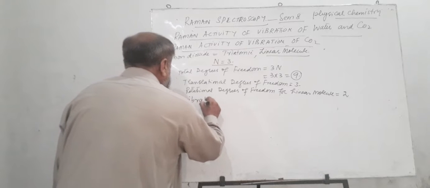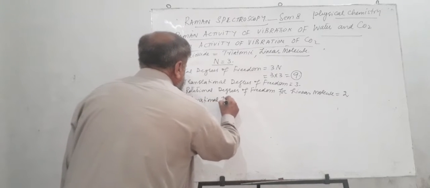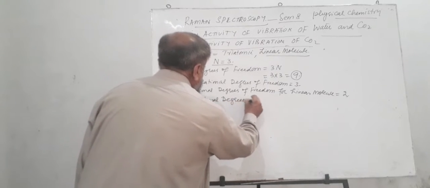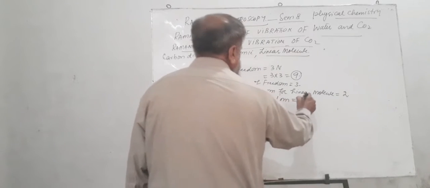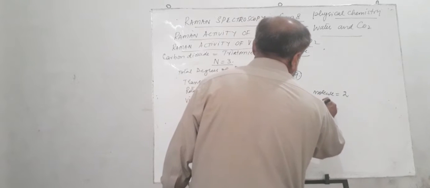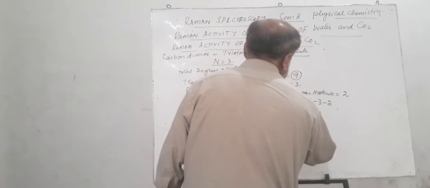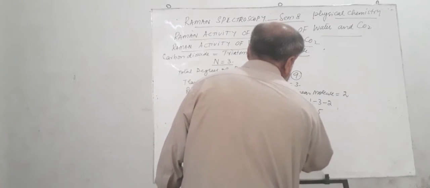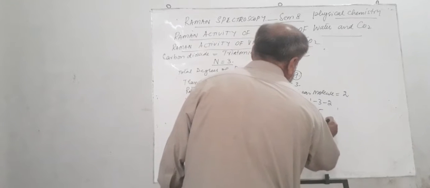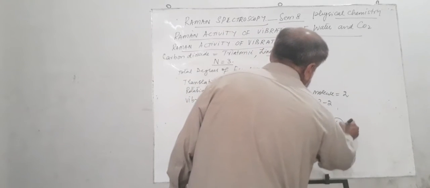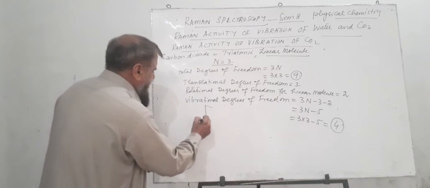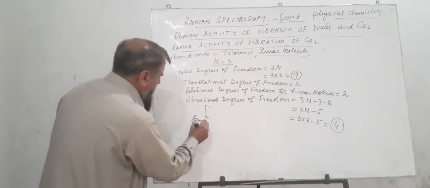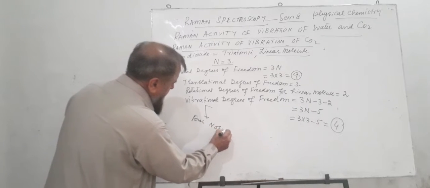For carbon dioxide, the vibrational degrees of freedom will be 3N minus 5, or 3 into 3 minus 5, which is equal to 4. It shows that carbon dioxide has 4 normal modes of vibration.